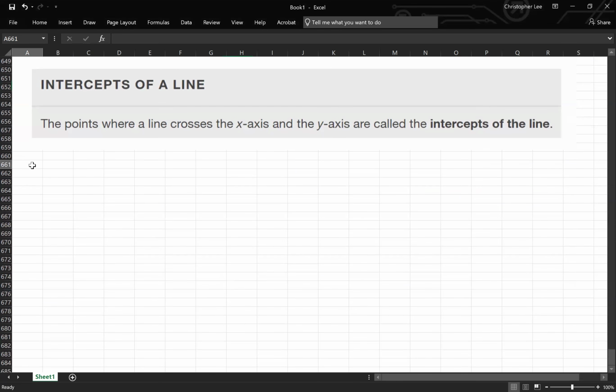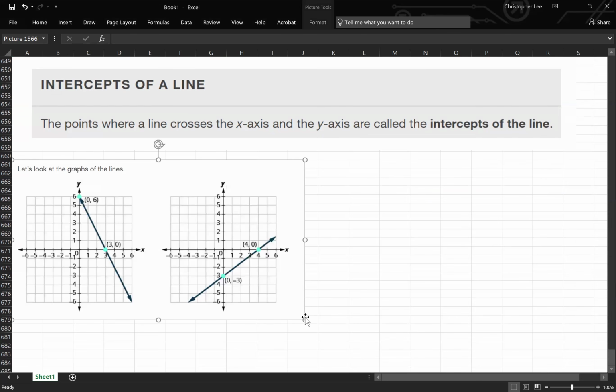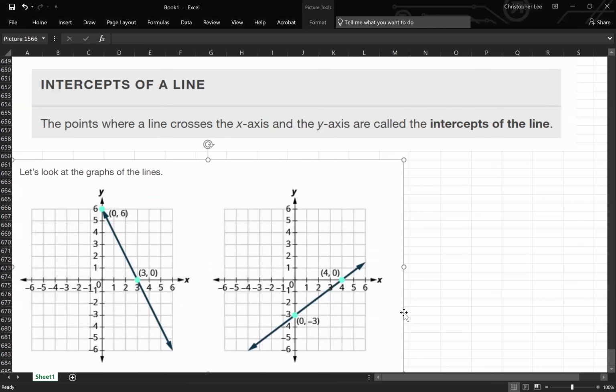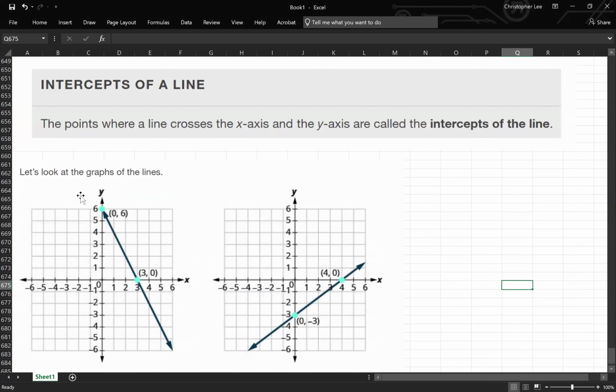All right. So let's look at these two graphs that we have here. I'm looking at the first graph over here. This point right here is (0, 6). You see how the line is passing through the y-axis? That's called your y-intercept. So a y-intercept is where the graph will cross the y-axis when x equals 0.